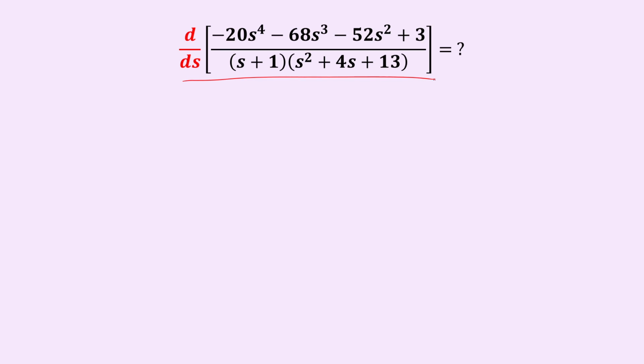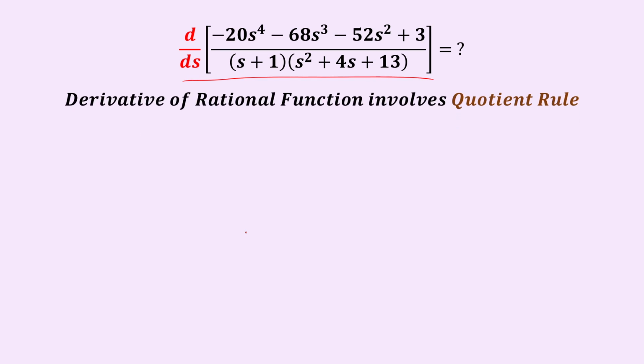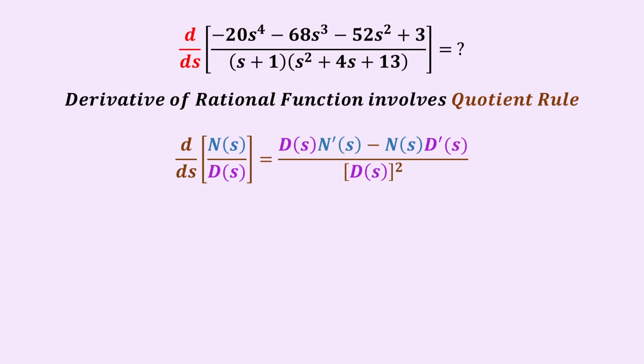The derivative of a rational function involves the quotient rule, and the quotient rule is defined as this relationship, where N(s) is the numerator polynomial and D(s) is the denominator polynomial.